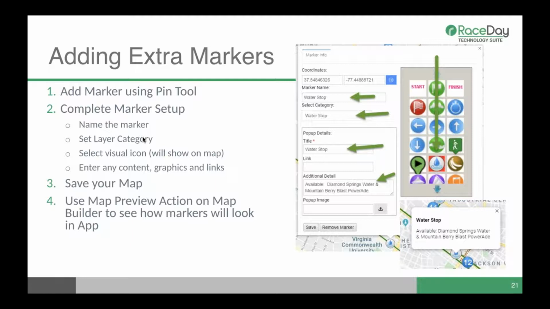Like in this screenshot here, you can see that for this water stop, you can add a detail about what kind of water is available, or Mountain Berry Powerade stuff available. And if a water stop is sponsored, you can add an image of the sponsor logo. You can add a link to the sponsor.